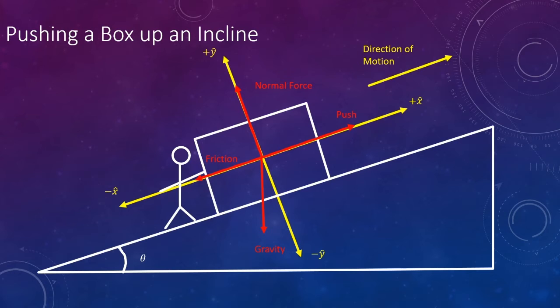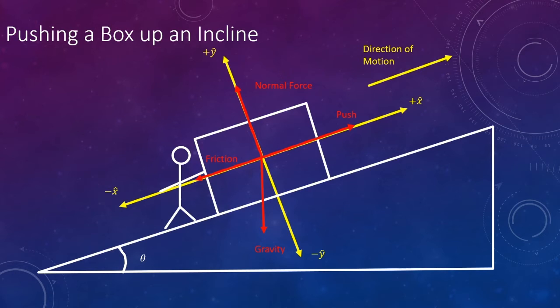We have the y-axis, again, going perpendicular to the incline along the normal force, and the x direction is going along the direction of motion. It's the same direction as the push and friction. However, gravity is always acting vertically downwards, and so in this scenario, gravity is going to be acting in both the x and y directions in this coordinate system.